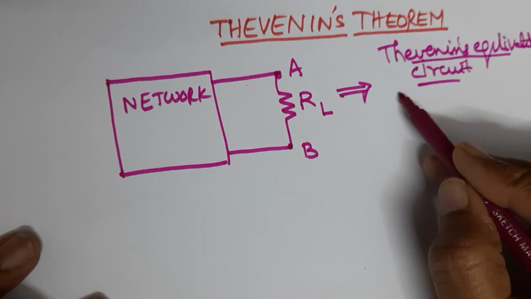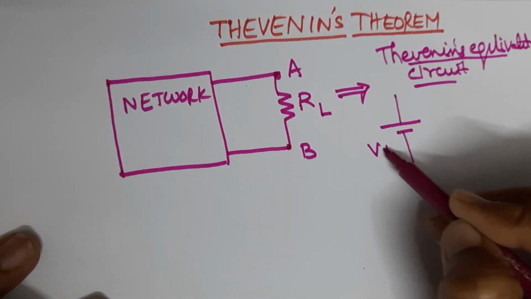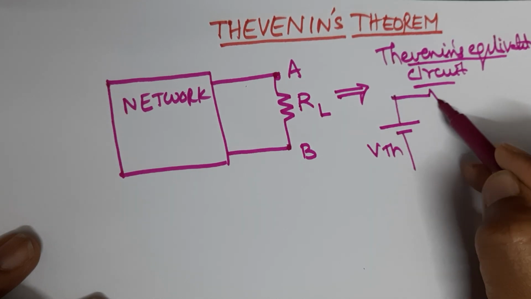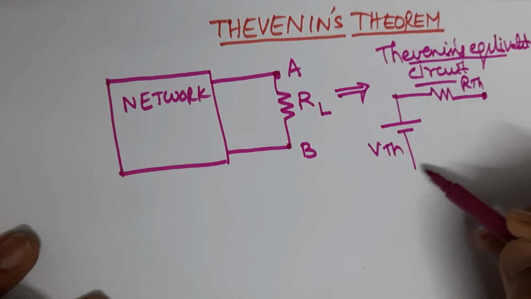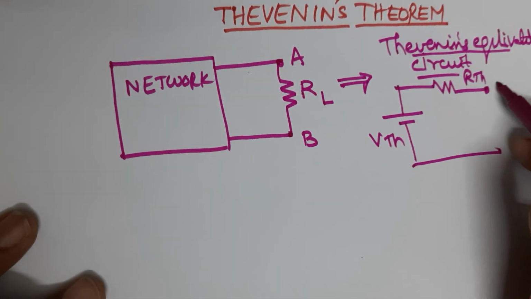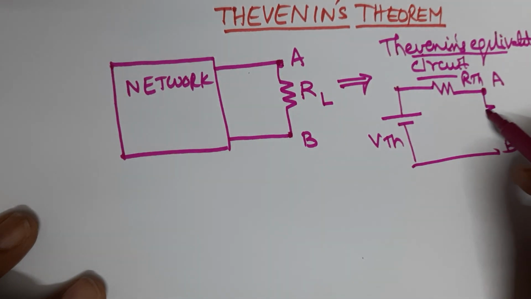This network can be replaced by a single voltage source known as VTH in series with a single resistance called RTH, connected across the same two terminals A and B, as shown here.